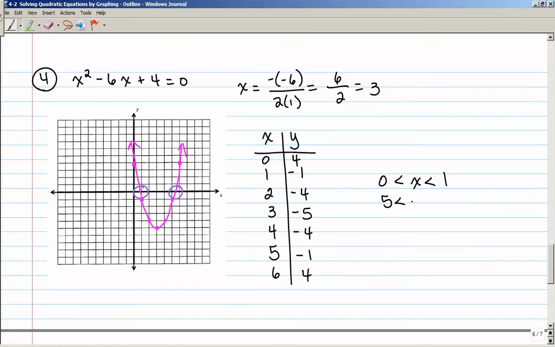So x is between 5 and 6. When we write it this way, we always use less than signs because ultimately 5 is less than 6 and 0 is less than 1. So there's no integer that represents the value of x. It's going to be a decimal. It's probably going to be an irrational number, so we're just going to leave it like that for now.